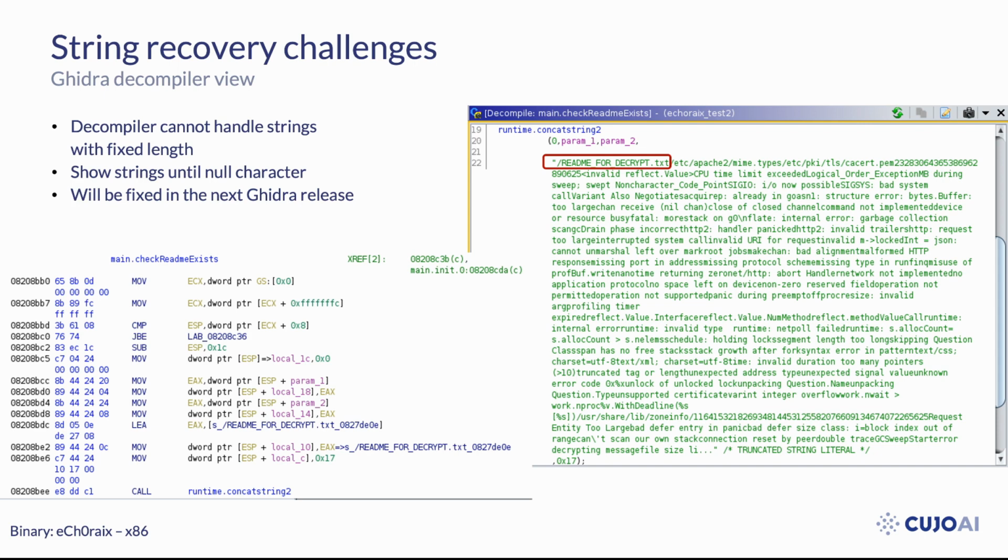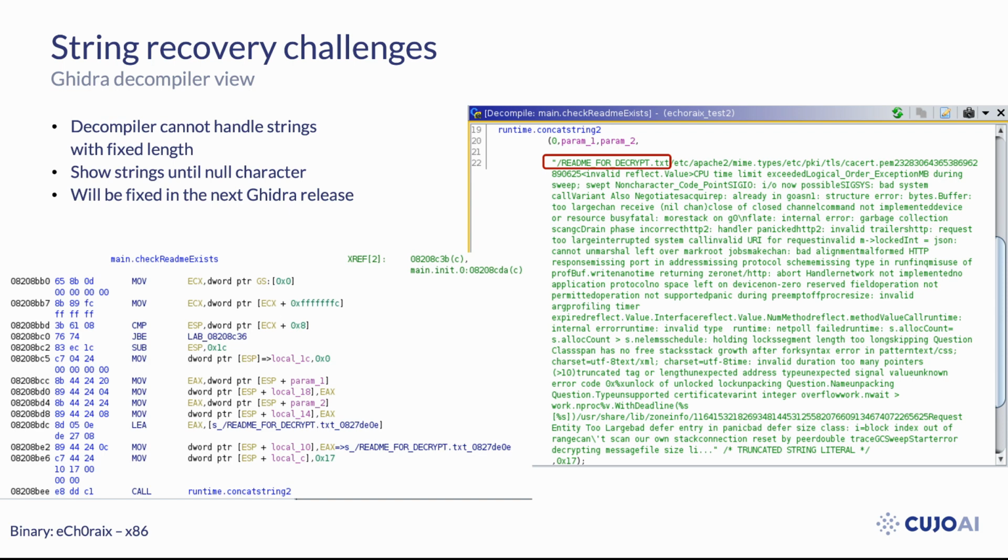On the other hand, in the decompile window, there is a huge string because it cannot really handle strings with fixed length. So it will show the string until it finds a null character, even if we define the string in a way that we explicitly said the length.